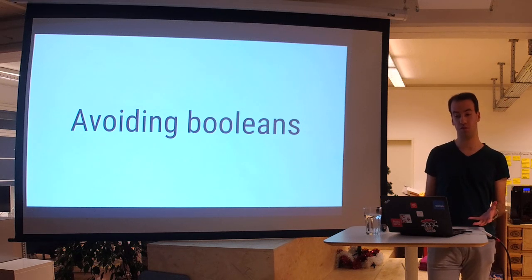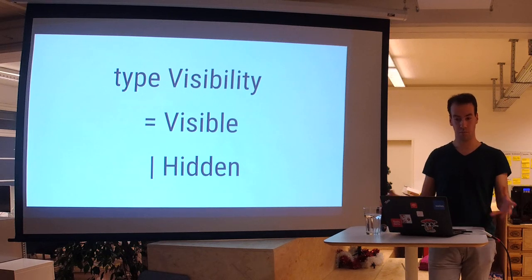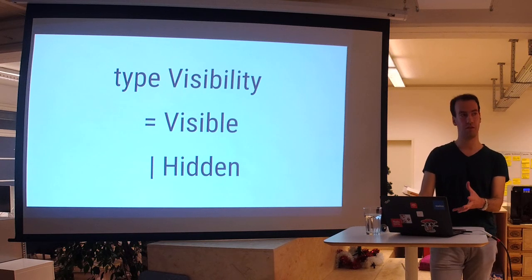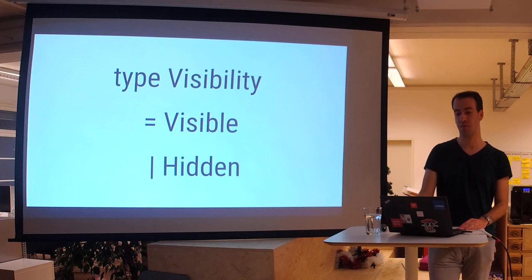Like, what does it mean to have true as an argument? So I have a few things in the code base which look like this. They're still binary values, but they're named according to the domain, and you can never misunderstand what you're talking about in the code using something like this.